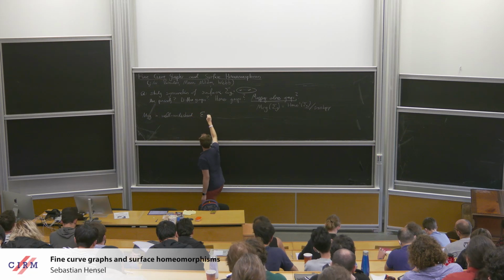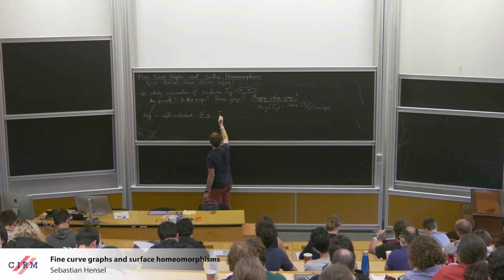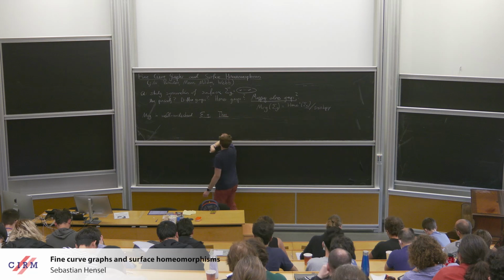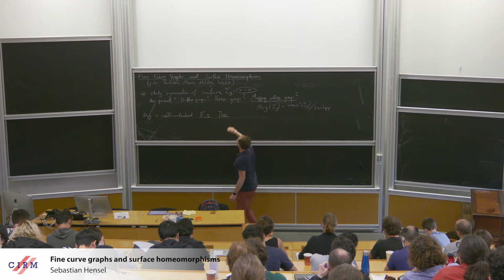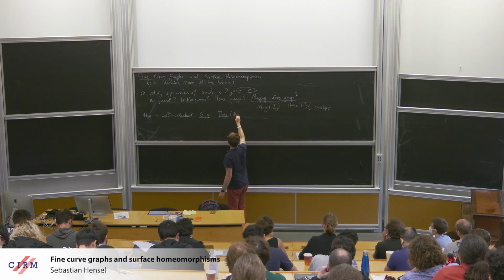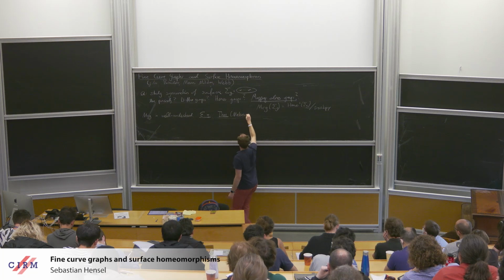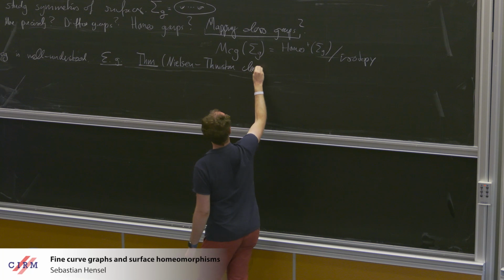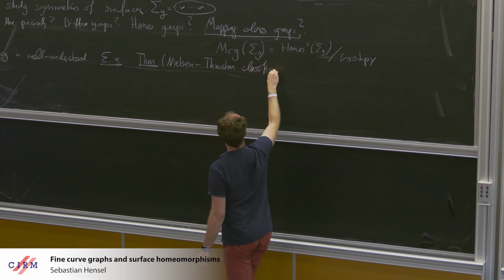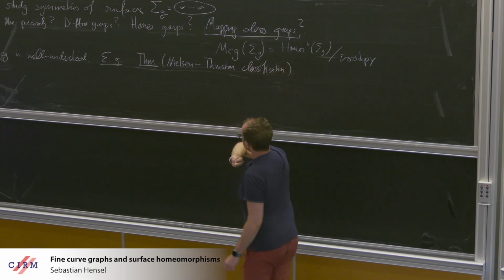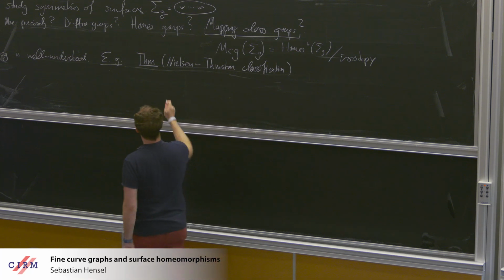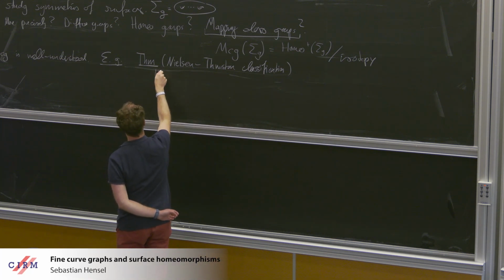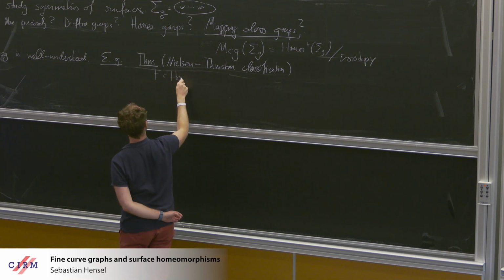So for example, we have the following theorem, which I'll phrase in a way. So I guess that's the Nielsen-Thurston classification. And one way to phrase this would be the following. Suppose I have a homeomorphism F of the surface.